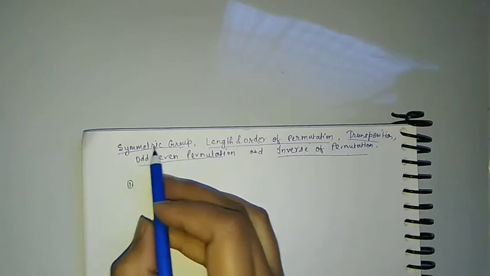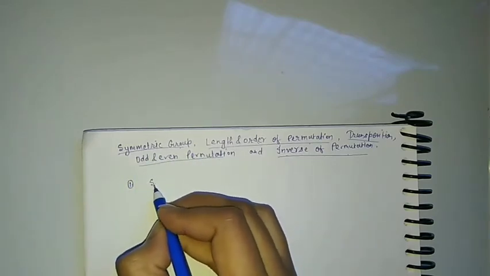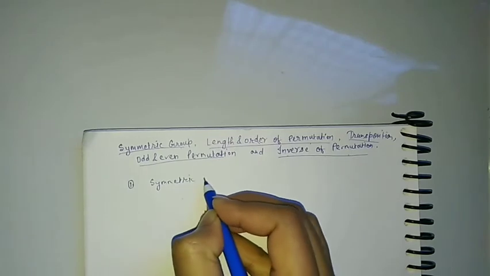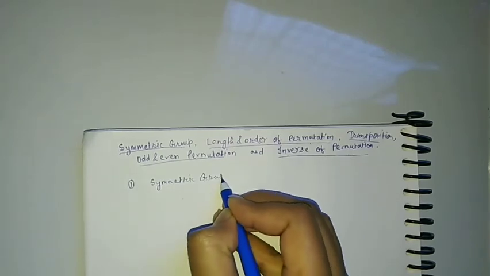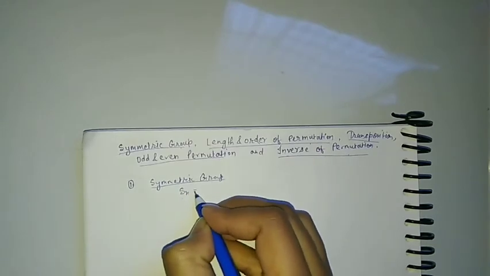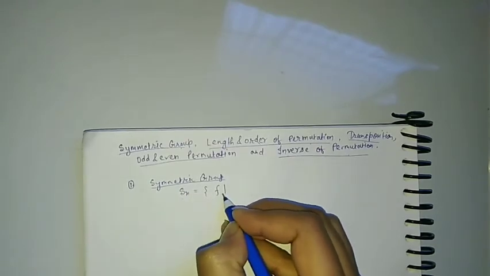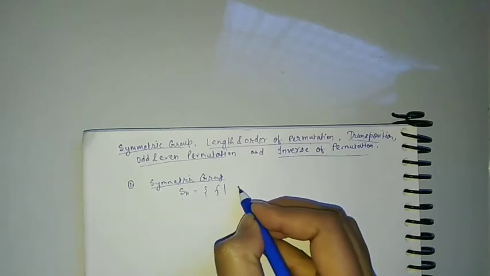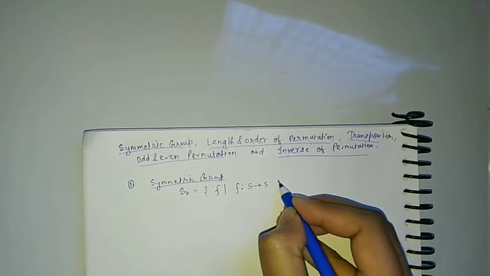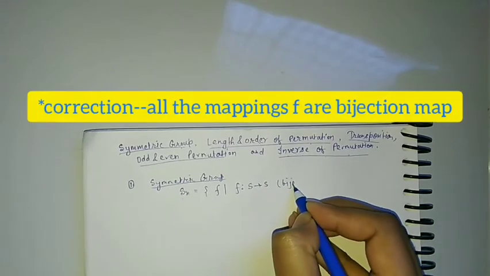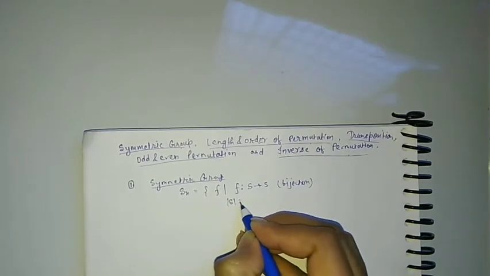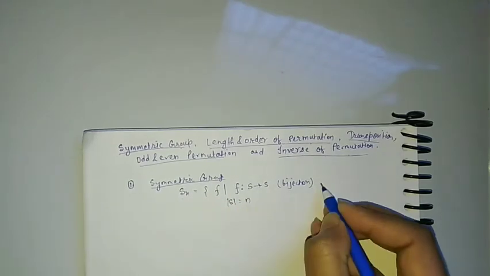First, let us know what a symmetric group is. Let Sn be the set of all permutations, that is, the set of all functions f from S to S such that all the permutations are bijection maps, and let the cardinality of this set S be n.